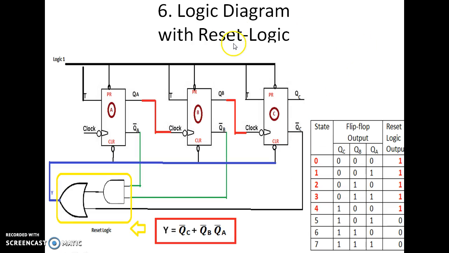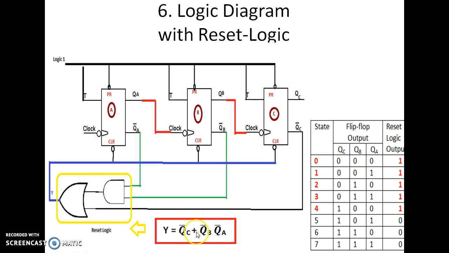This is the logic diagram with reset logic, where from the K-map we have got this equation. So for QA bar into QB bar, we need an AND gate. So here QA bar and QB bar are indicated with a green line, and are given to the AND gate.